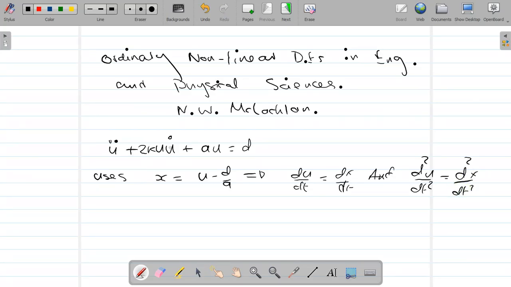You substitute all of that into this equation, which I'll call equation 1.